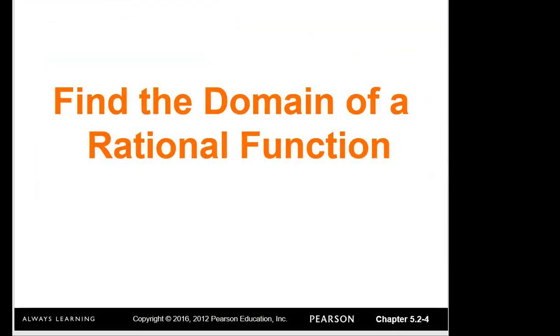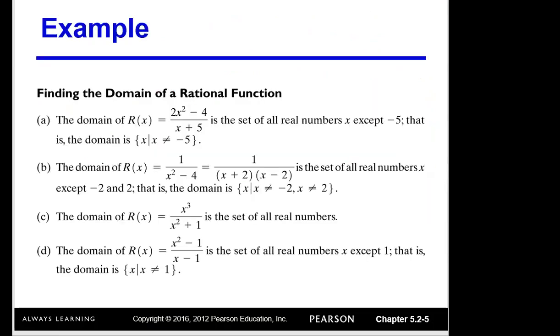Okay, so let's find the domain of a rational function. They have given me 1, 2, 3, 4 different examples, and they also put the answer right there with it. So we're looking at find the domain of this function right here. And then they give you the answer right after it.